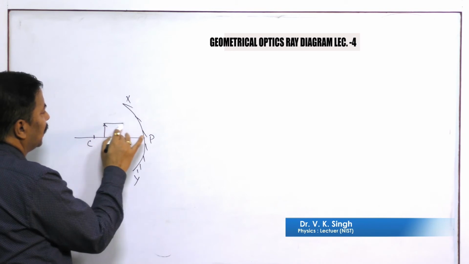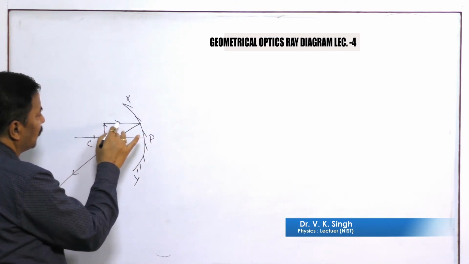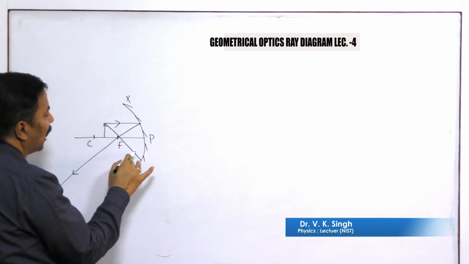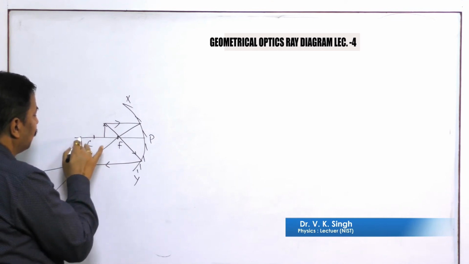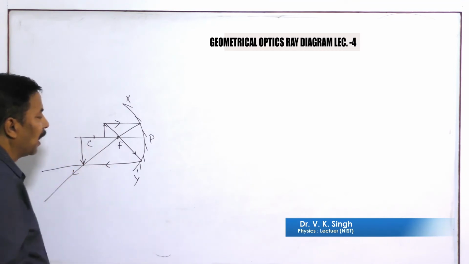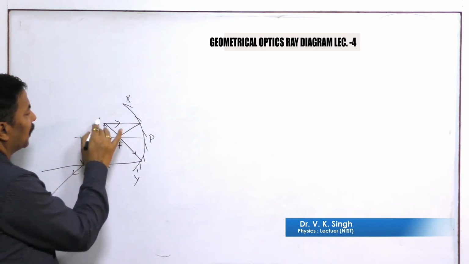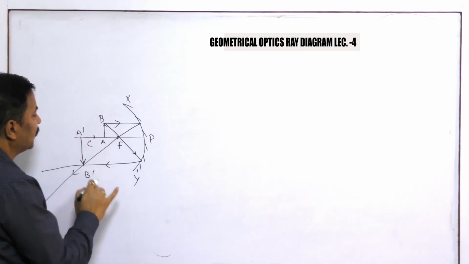Here, if we keep the object according to the rule of ray diagram, the ray will pass in this way. One ray, after passing through focus, will pass in this way, and here we are getting a magnified image. So AB is the object and A dash, B dash is the image.